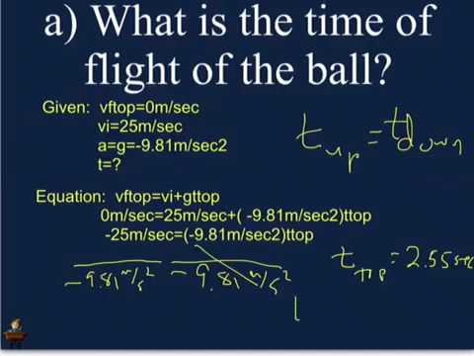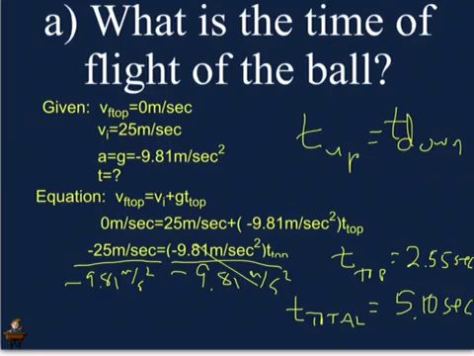So the total time, t total, is equal to twice that, so that would be 5.10 seconds. As I said, we got that by doubling the time to the top, and that's what you'll do in these kinds of questions.